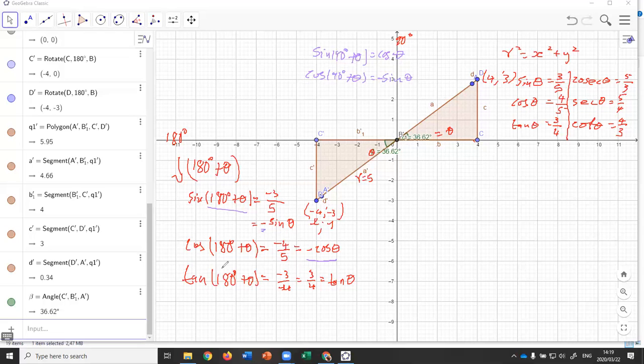And then what about sine? The same thing. Sine gives us a negative here, so this should not be surprising because sine is indeed negative in this quadrant. In case you've forgotten, remember, all students take care. Guys, if you missed out on the CAST rule, please watch the grade 10 video where I introduced it.